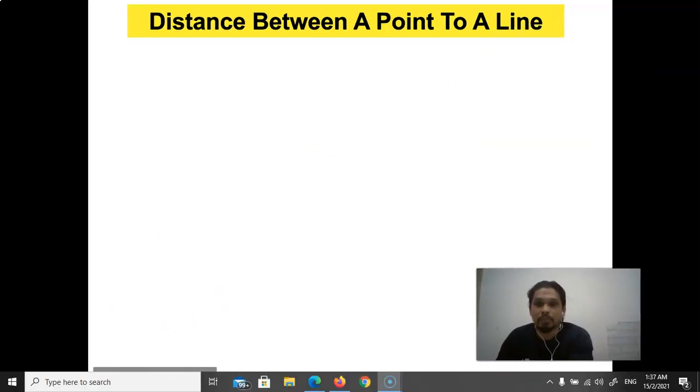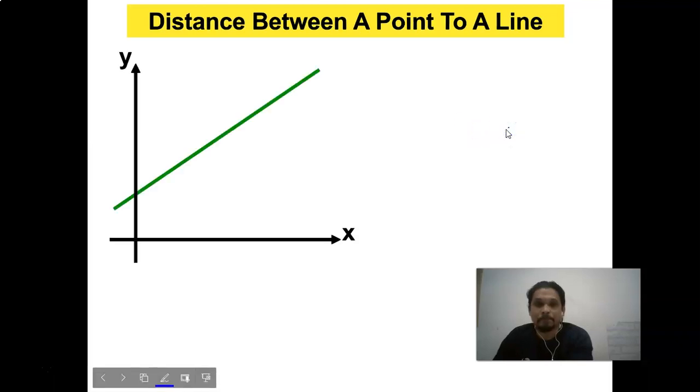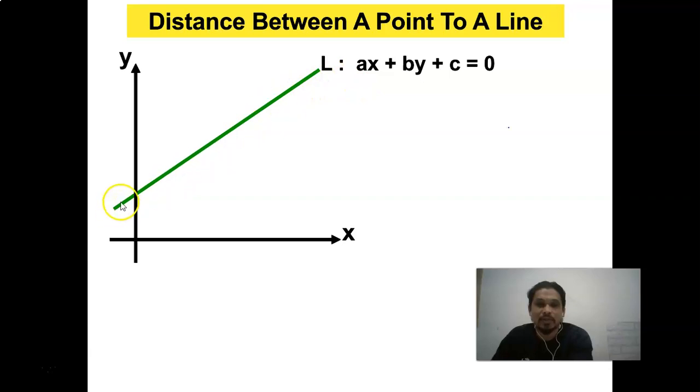Now, distance between a point and a line. Just imagine that this is a straight line L in the form ax plus by plus c equals 0. Then we have a point P, h and k here. We find the nearest distance between the point and the straight line.